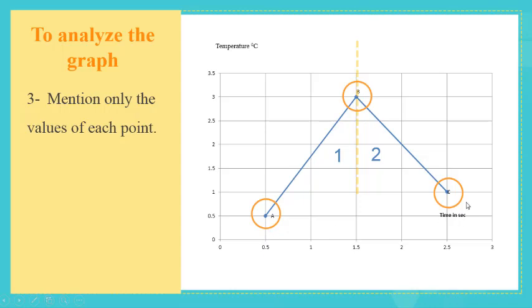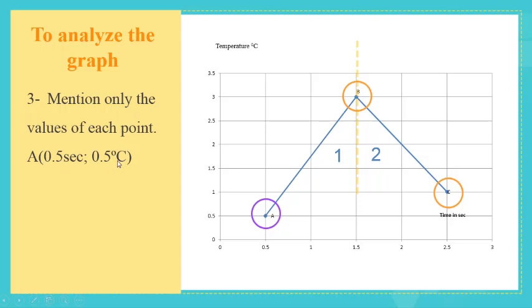The unit is second, so 0.5 second. If we draw a perpendicular from point A to the y-axis, the value is 0.5. The unit is degrees Celsius, so 0.5 degrees Celsius. What is the coordination of point A now? 0.5 second, 0.5 degrees Celsius.